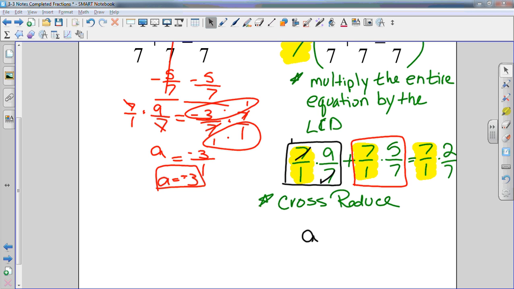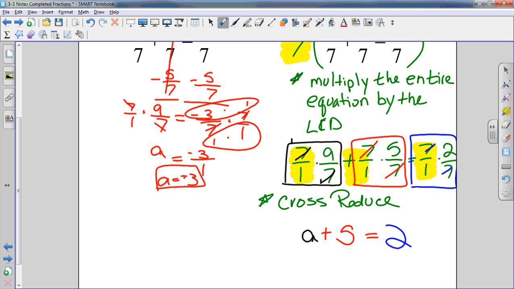Okay, so now I'm going to cross-reduce this one, and my 7s are going to cancel, and what am I left with? 5. Now I'm going to cross-reduce my third one. 7s are going to cancel. What am I left with?